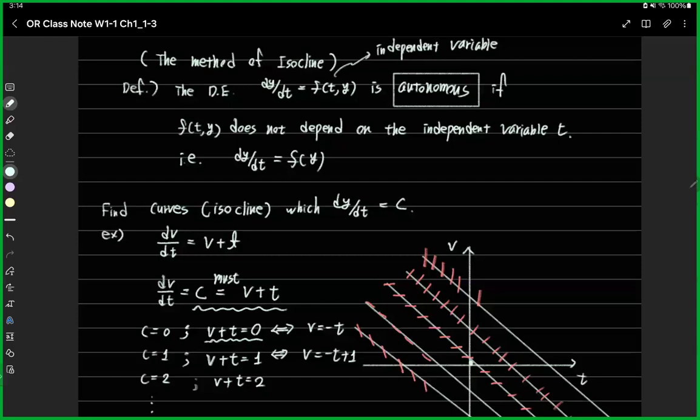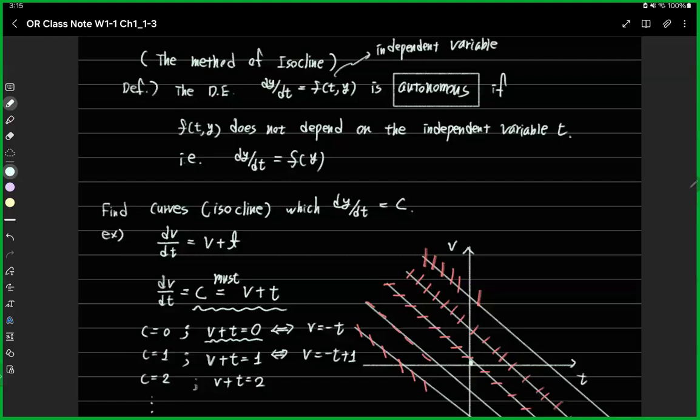Let's see if this is really an isocline, which means that dv/dt is really constant along that line. So v is negative t; if you plug in numbers for v, 0, 1, 2, 3, 4, 5, then t will be determined, and then we can figure out dv/dt. Since v plus t equals 0, dv/dt is 0.